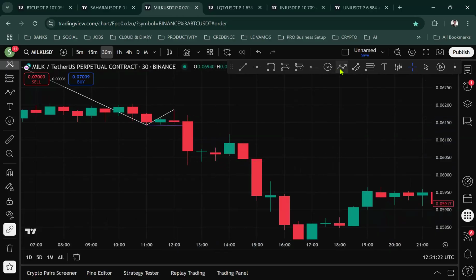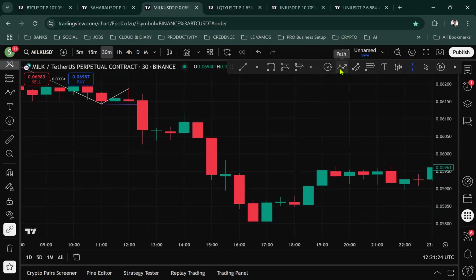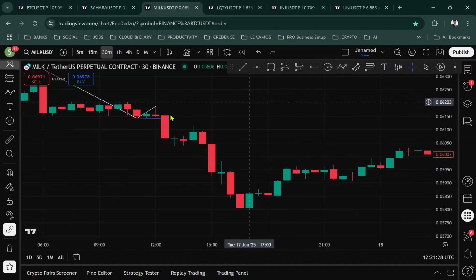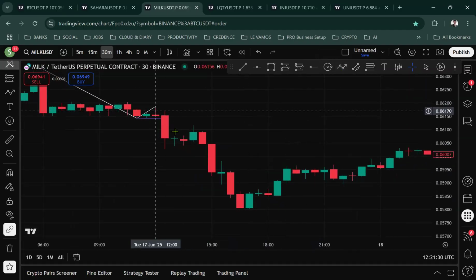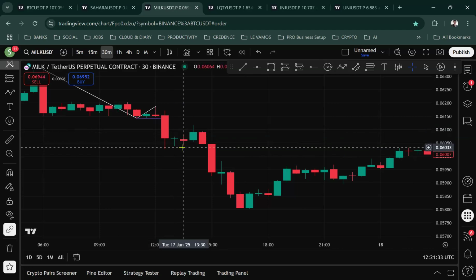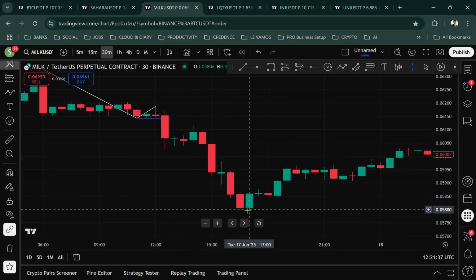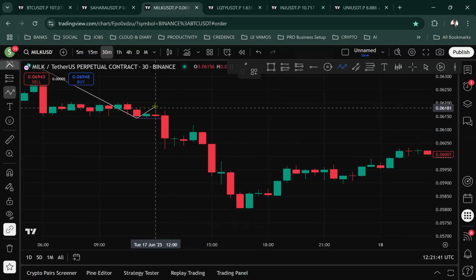So now, actually, this is the area. So, taking this now.